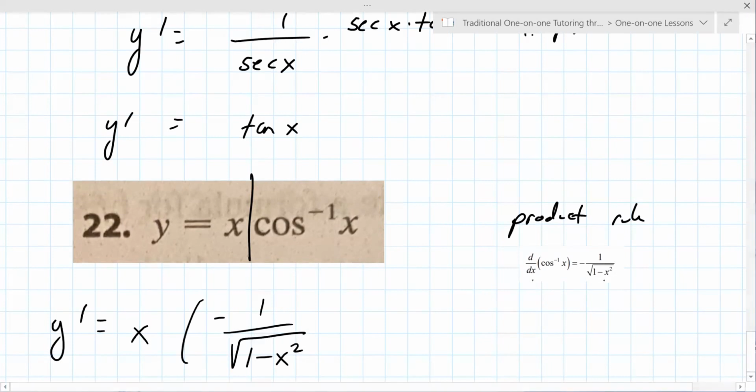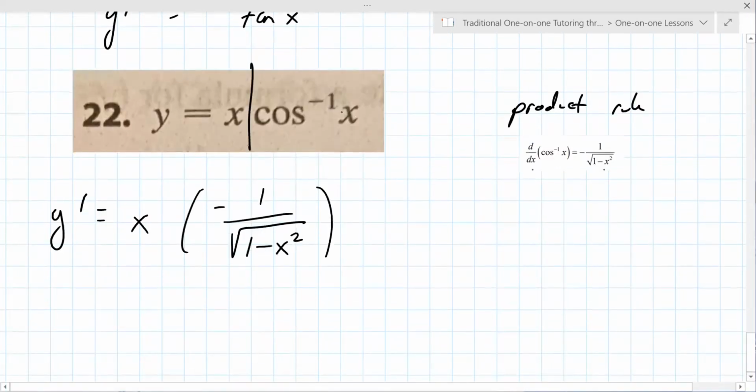And just for clarity, if this were cosine inverse of 2x, you would put 2x in parentheses squared, and then multiply by the chain rule. So the x in the derivative is literally whatever you're taking the cosine inverse of. Plus keep the cosine inverse of x times the derivative of x, which is 1.